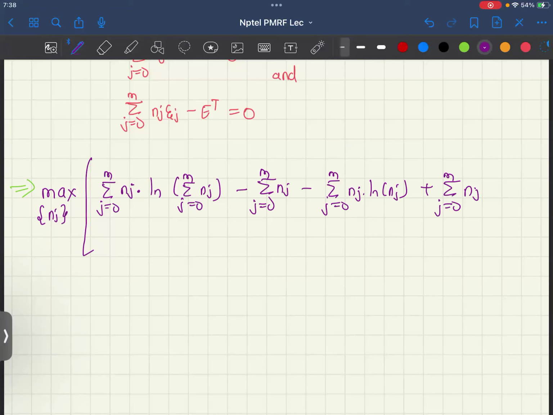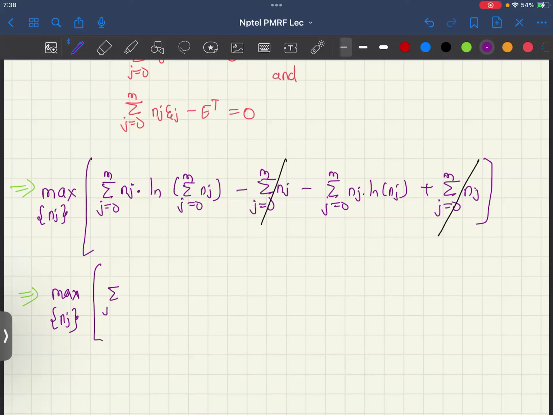Now these two terms get cancelled and we are left with maximize over nj, right?